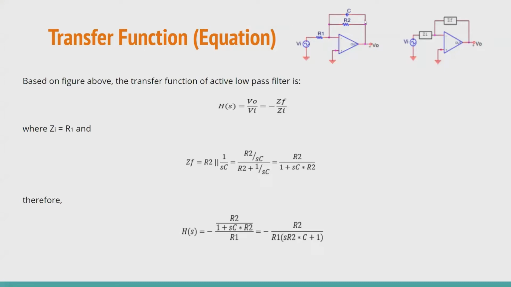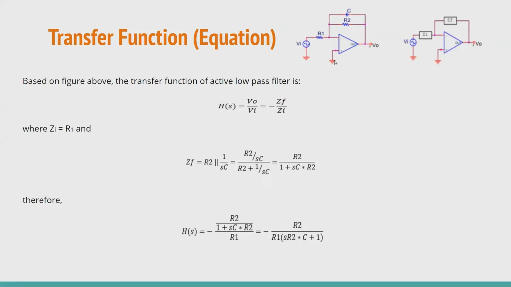Hello, I'm Farhan and I'm responsible for the transfer function and the simulation for the transfer function. So this is how we got the transfer function for the active low pass filter. Based on the figure above, the transfer function of the standard simplified inverting amplifier is negative ZF over ZI, where ZI equals R1.